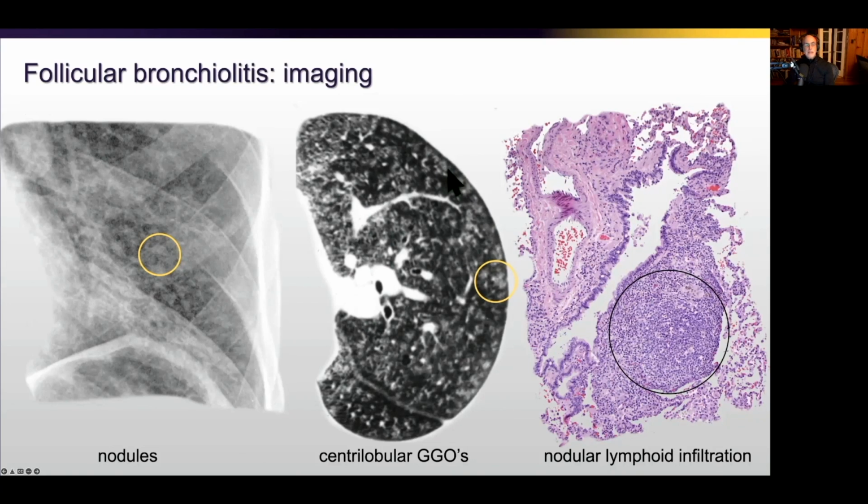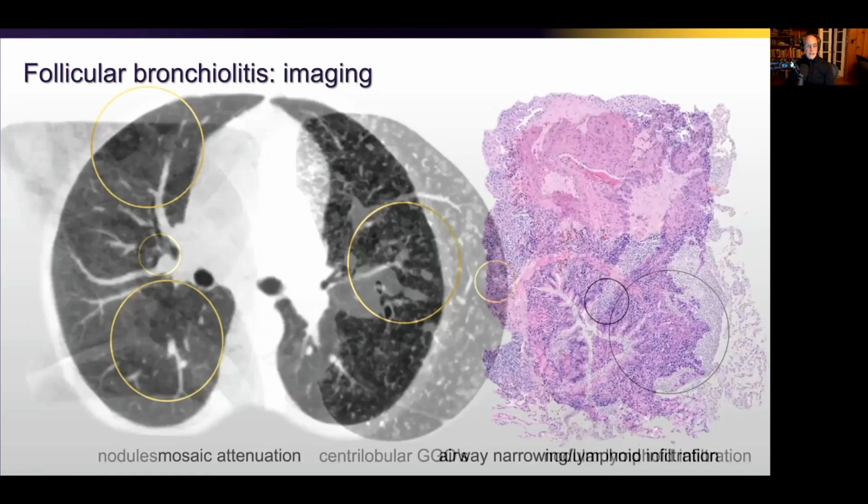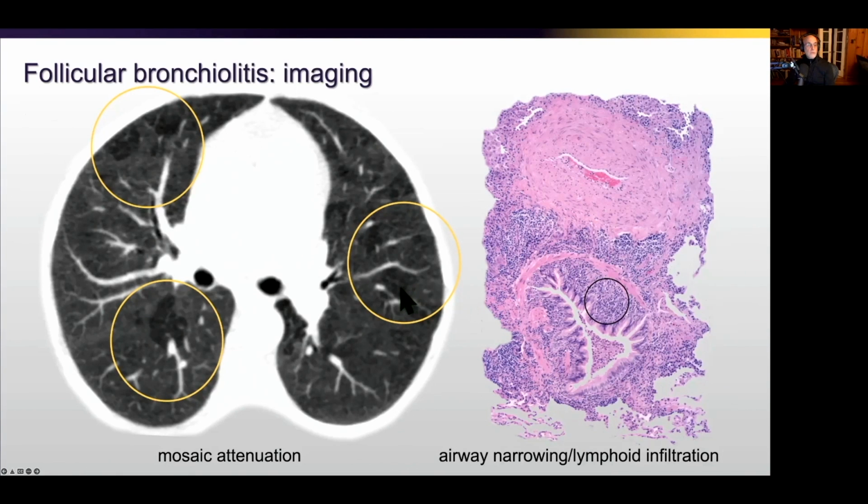We see indistinct centrilobular nodules, and the correlation with this is that the airway has nodular infiltration with lymphoid cells. And sometimes, again, we don't see direct evidence of the airway abnormality. We see indirect evidence, which is once again air trapping. You can see here that the airway is filled with these lymphoid cells, and the narrowing causes this mosaic change.